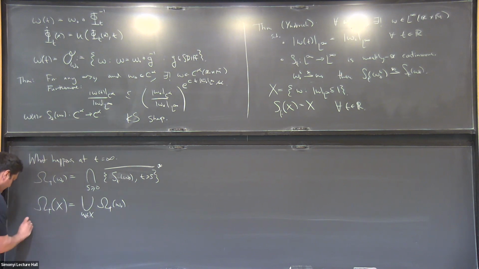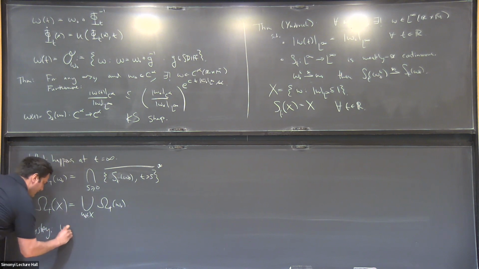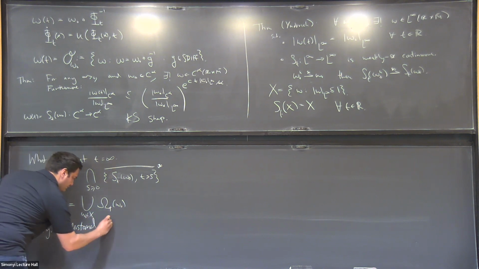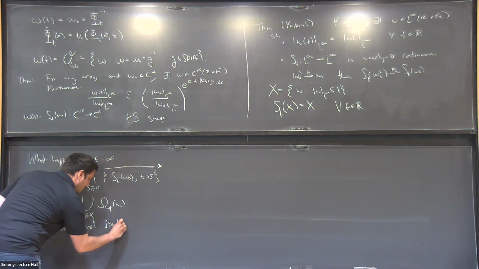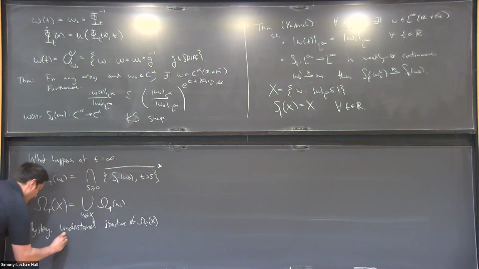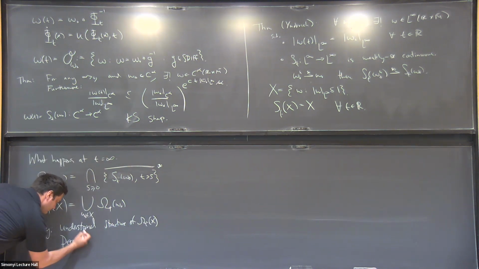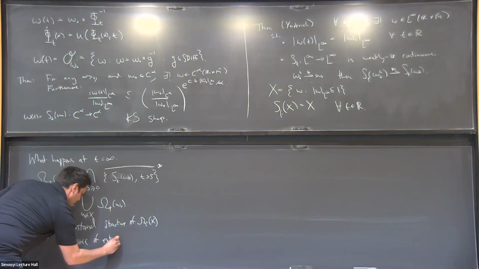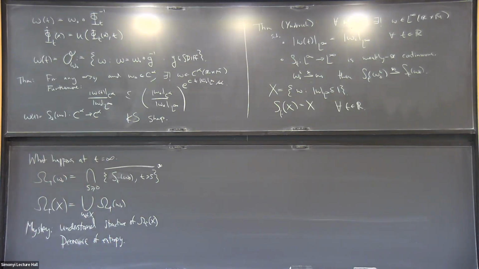Okay, so the mystery is to understand the structure of omega plus and the decrease of entropy. And I think this will be even more clear when I show you videos.